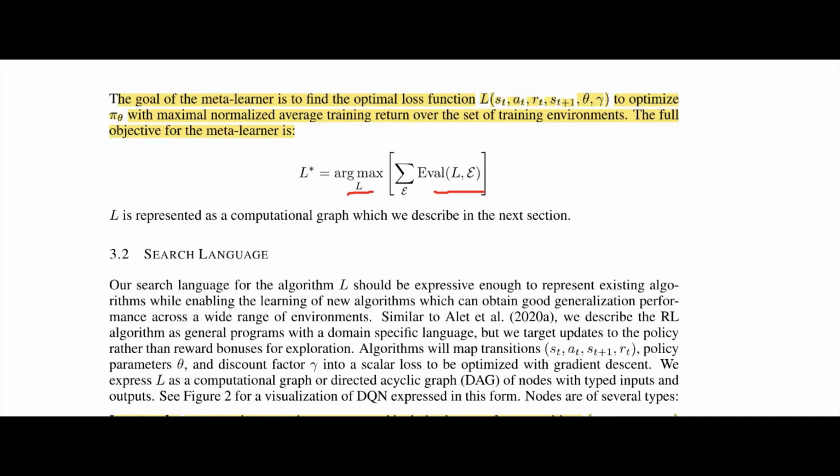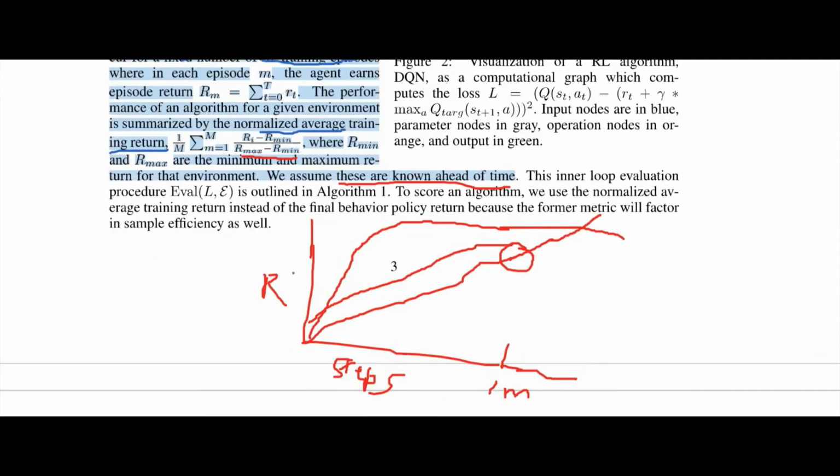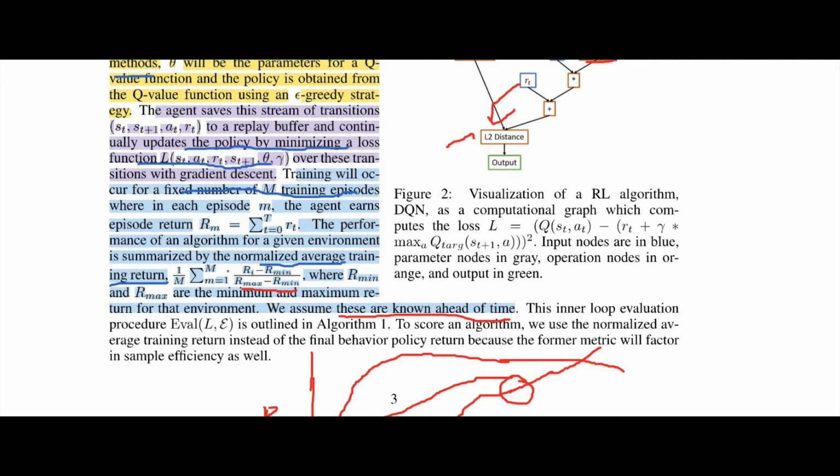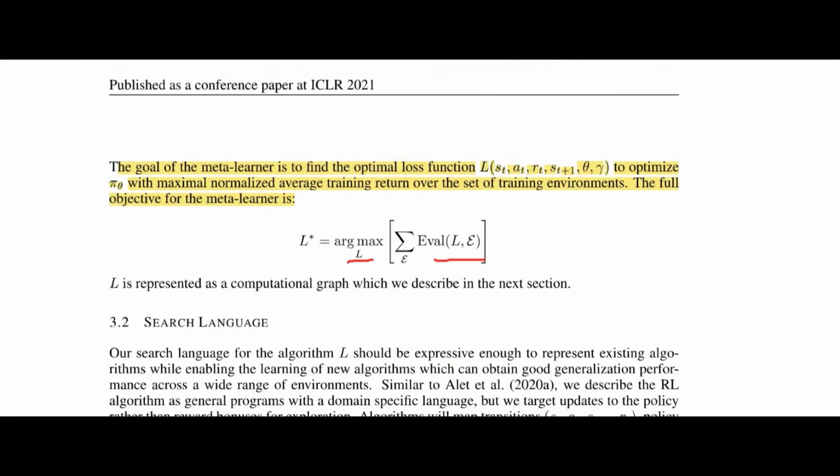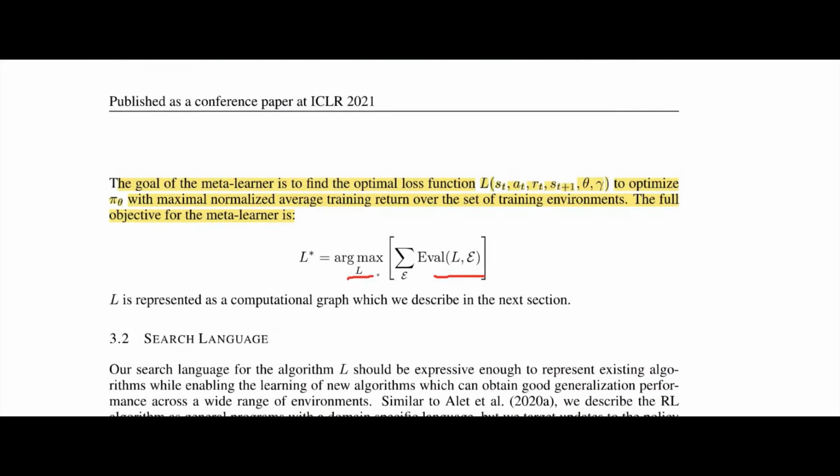Epsilon here represents environment, L is the loss function, and eval is basically this normalized return. So you have to find the best possible loss function which leads to the highest normalized training returns over all the possible environments. That is the objective of the meta learner.